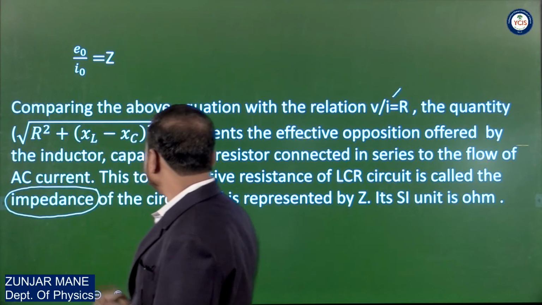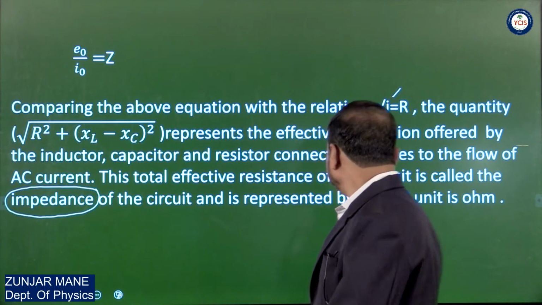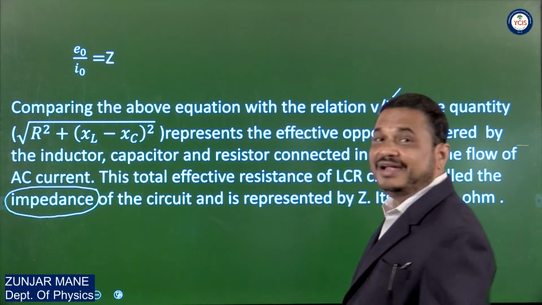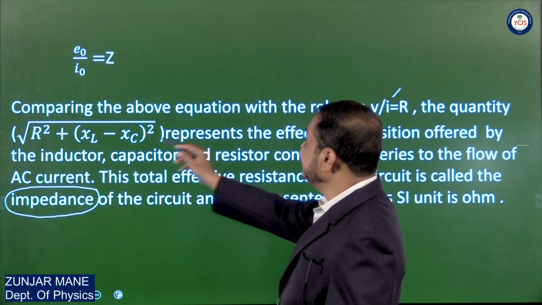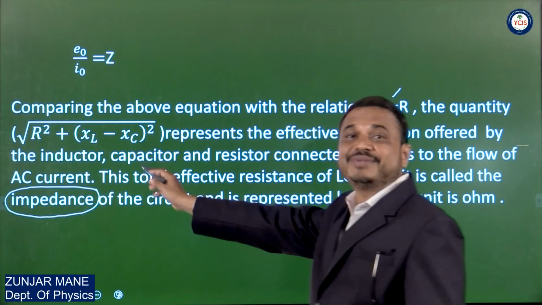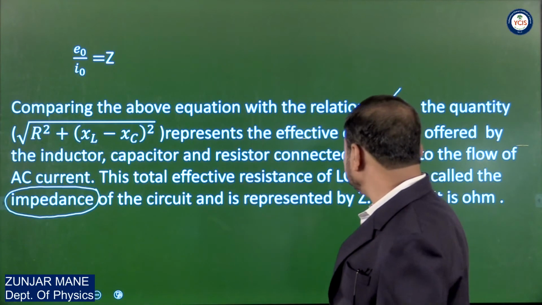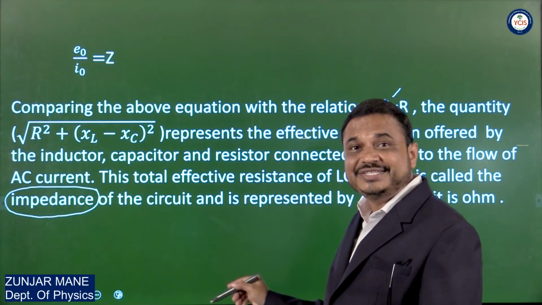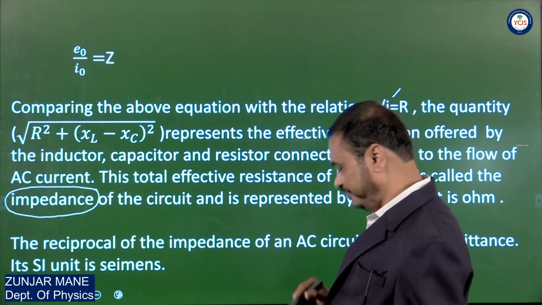So Z is called the impedance of the circuit, given by Z equal to under root R square plus (XL minus XC) square, and its SI unit is ohm.